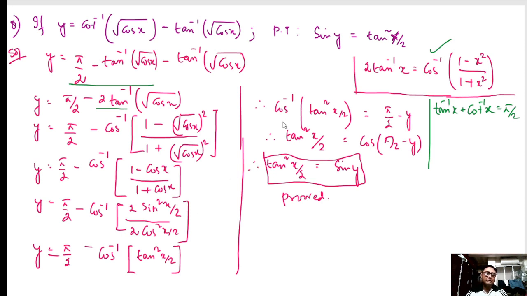Now please watch here. This is y equal to pi by 2 minus cos inverse tan square x by 2. So cos inverse tan square x by 2 is pi by 2 minus y. So tan square x by 2 will be cos of this, and cos of pi by 2 minus y is sin y, which is proved.